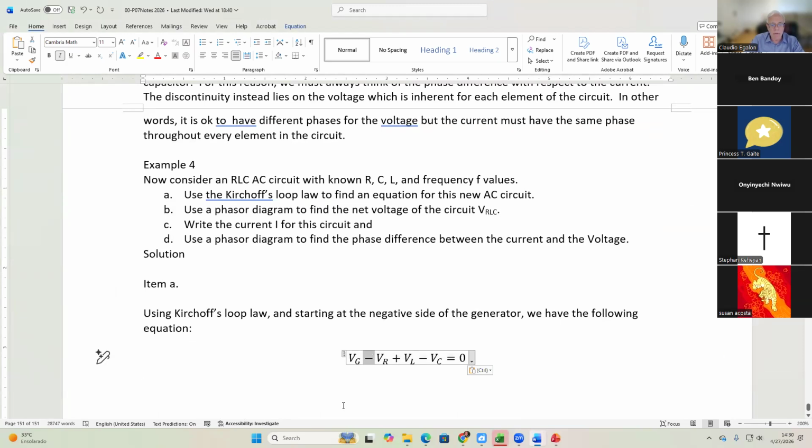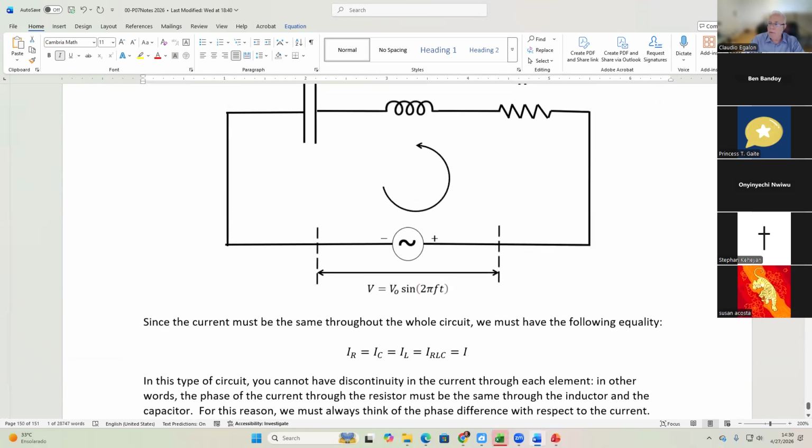the resistor, in the direction of the current, the voltage of the resistor is going to drop, okay? In the direction of the current. And for the capacitor, you have to have the proper sign. How does it work?